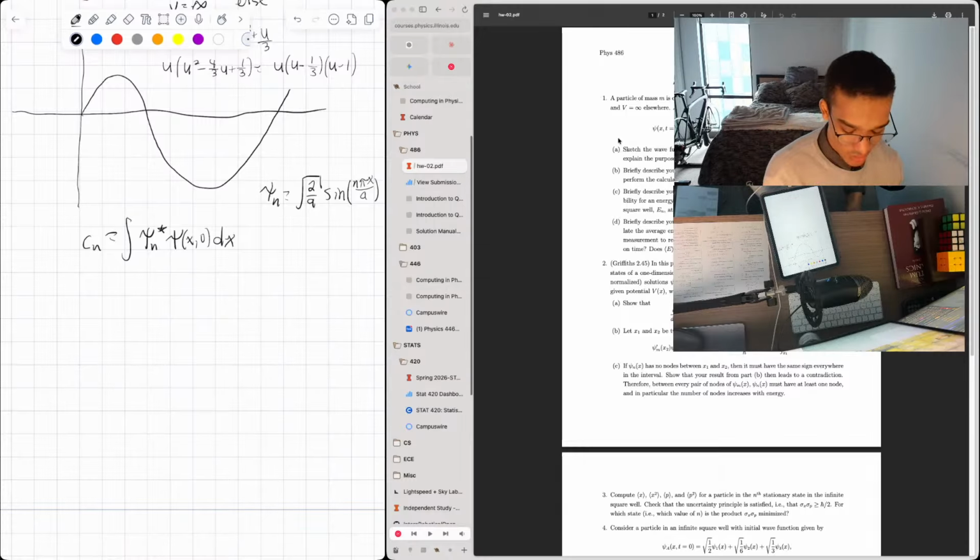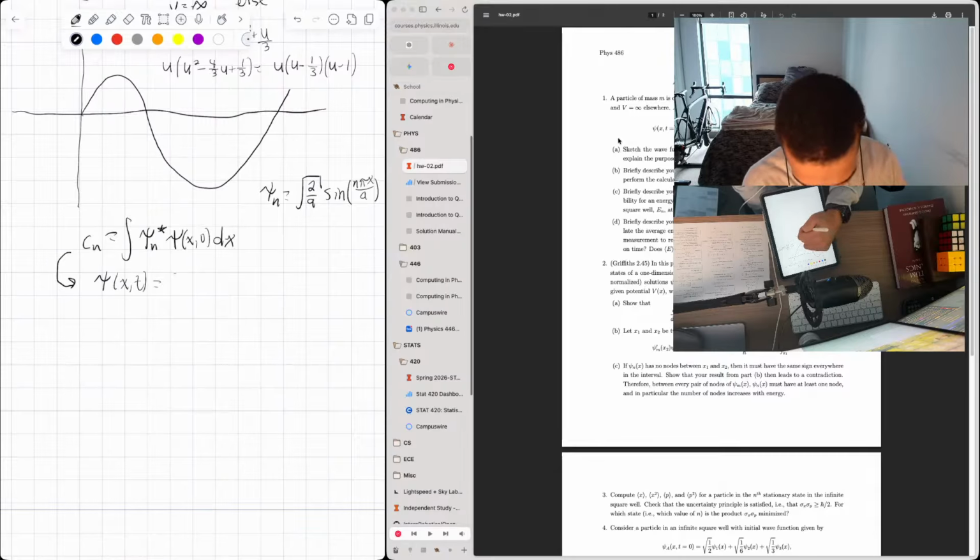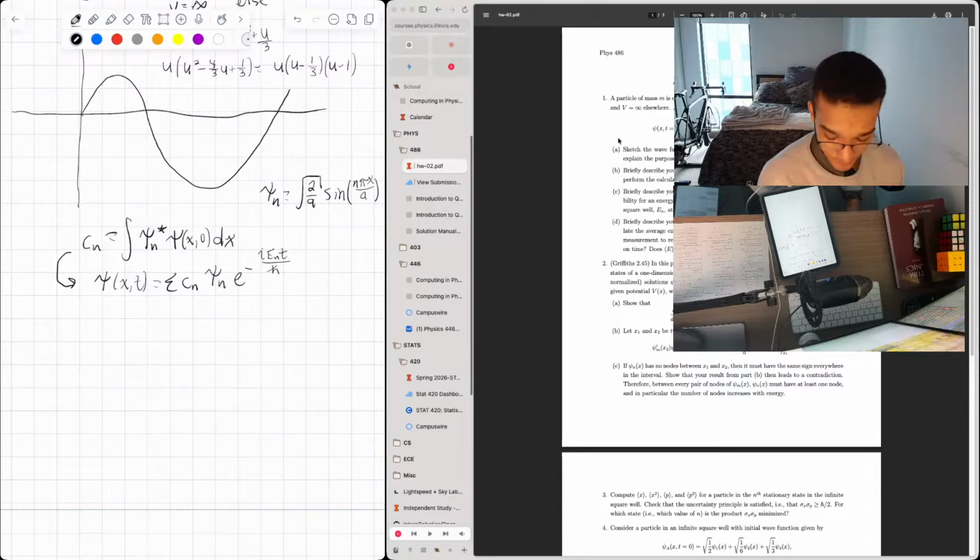And so I'd do a u sub x by a, solve that integral, and then plug it into this equation here. Psi x t equals sum c_n psi n e to the minus. That's what I would do. So you'd probably get like some sine squared, some other stuff.